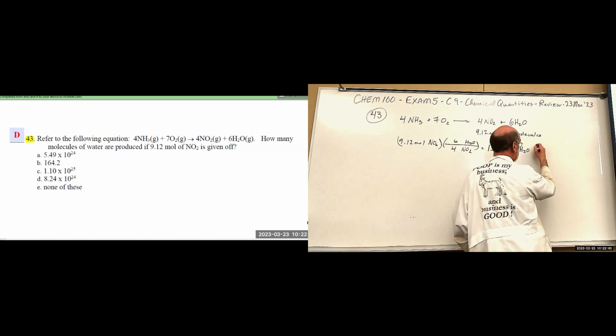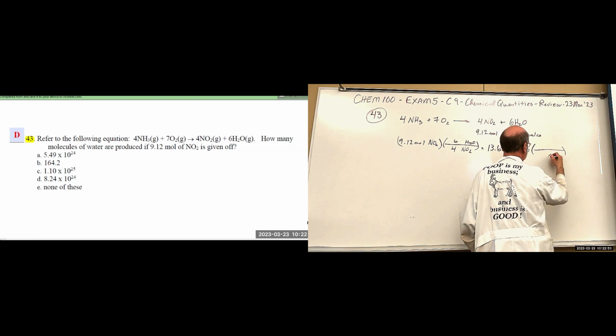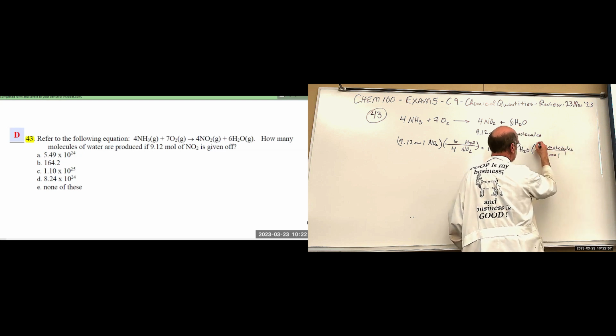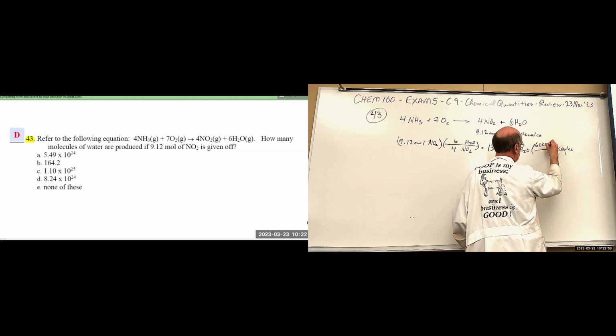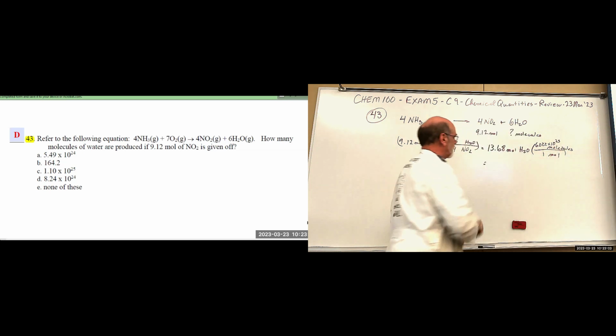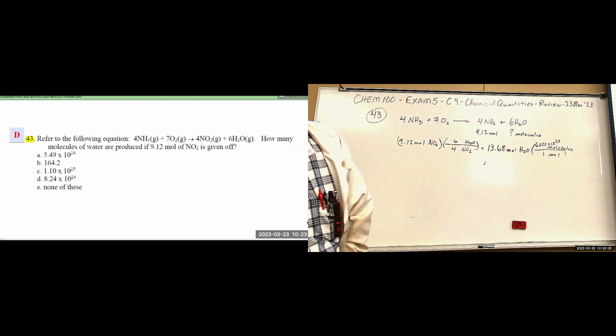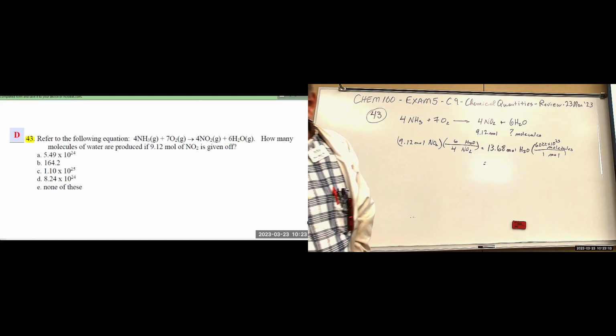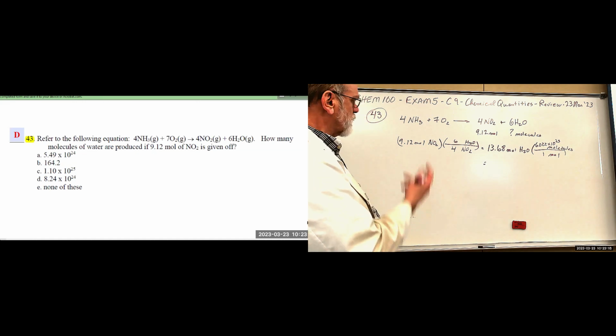Okay, now we need to convert that to molecules. So moles of water are ratioed to molecules by Avogadro's number. Okay, so let's multiply Avogadro's number times that. There. And let's see, significant figures. We have 3.